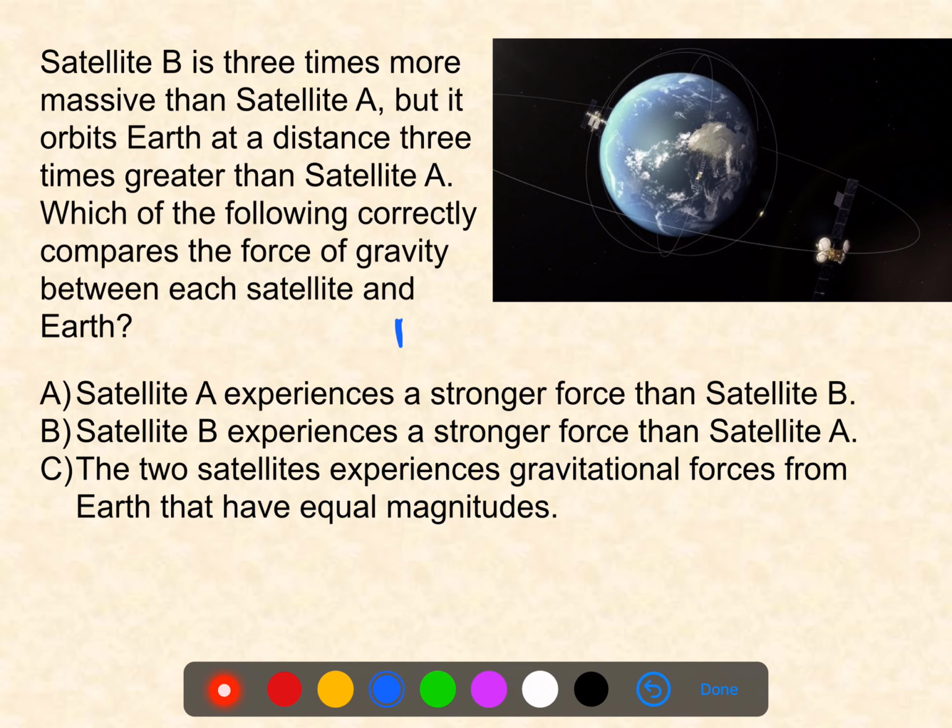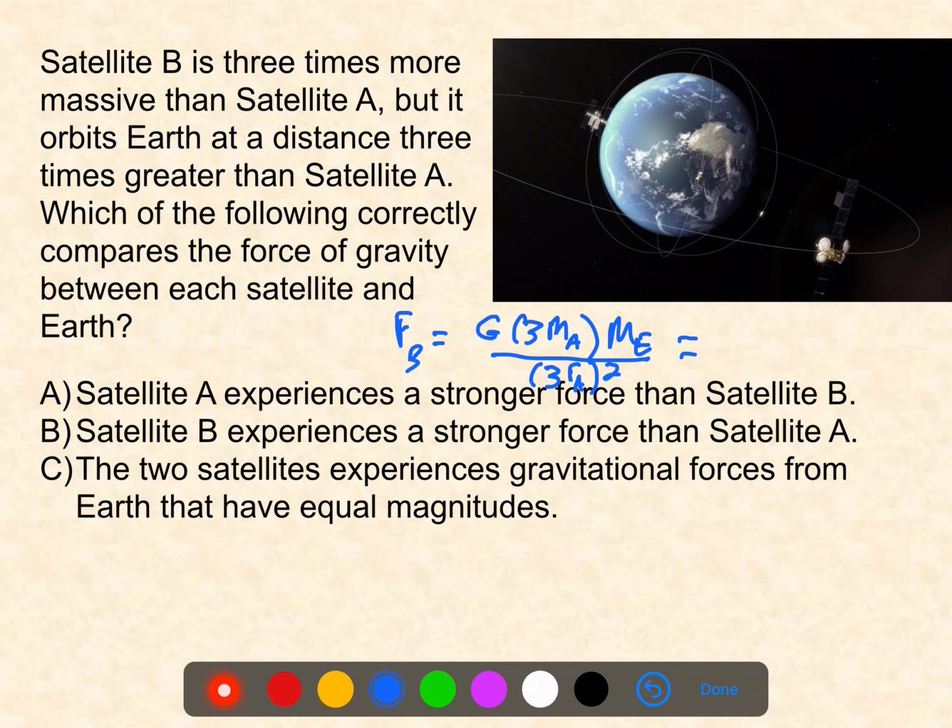Well, in the case of satellite B, I've got G times 3 times the mass of A, times the mass of the Earth over 3 times the distance between the Earth and satellite A, all squared in the denominator.